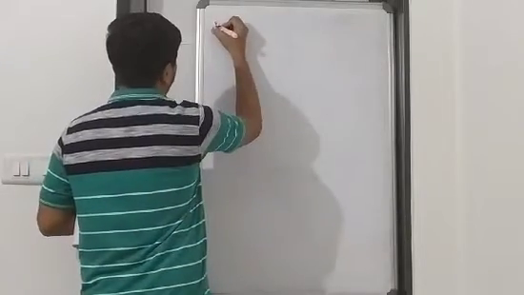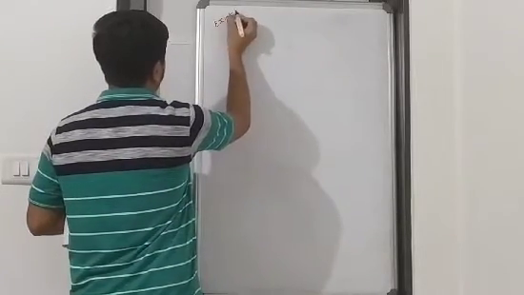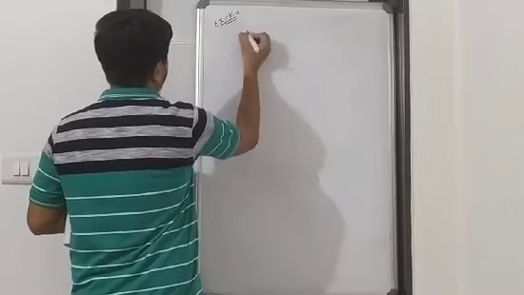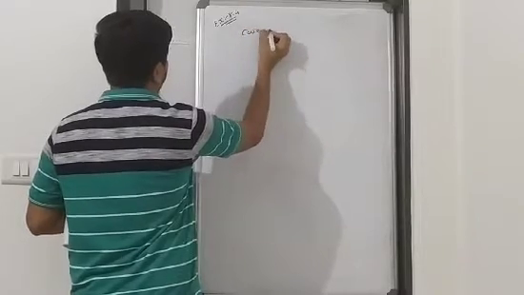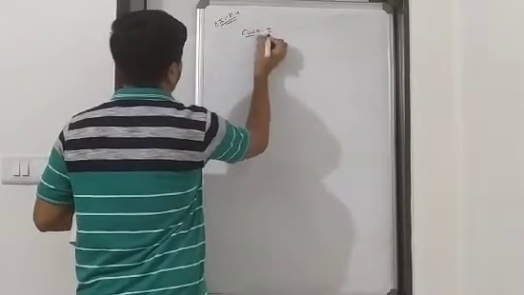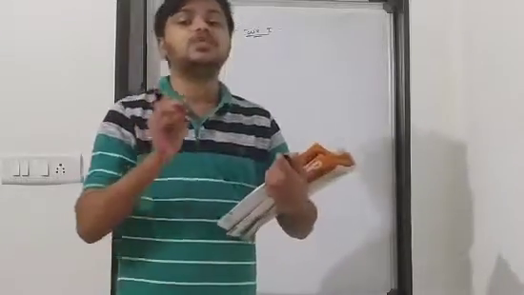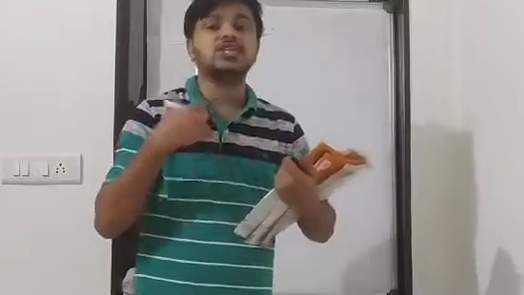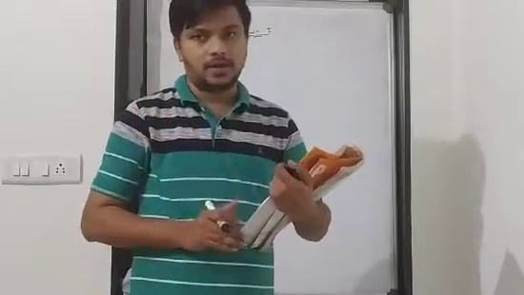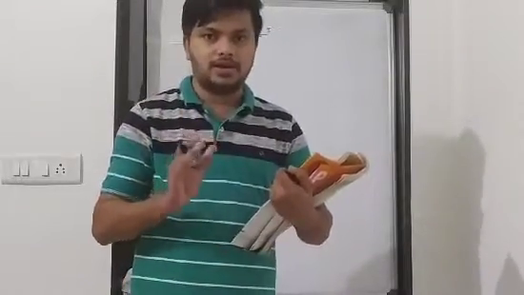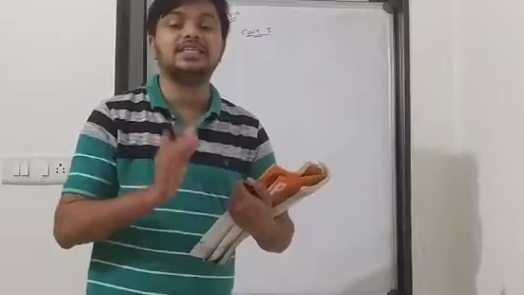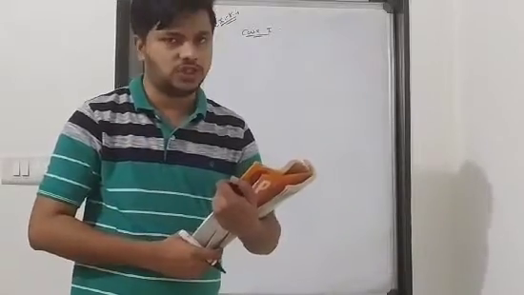Example 8.4. Case number 1. In the first case, what is he doing? He just starts pedaling. Before pedaling, the bicycle is in a stationary position.